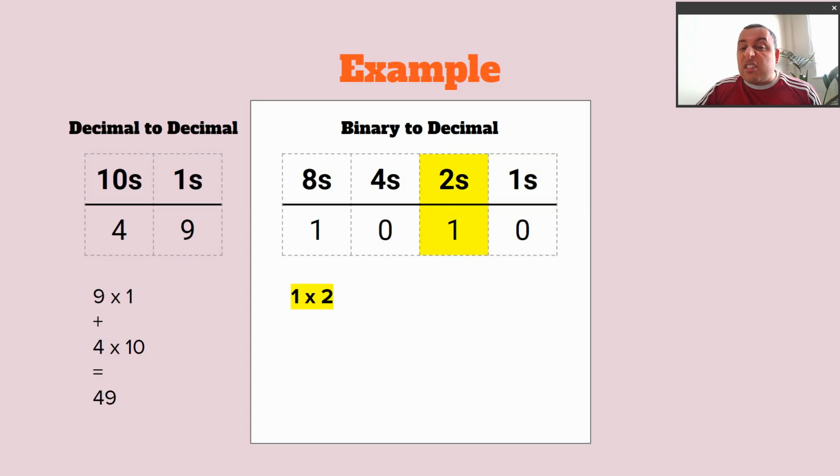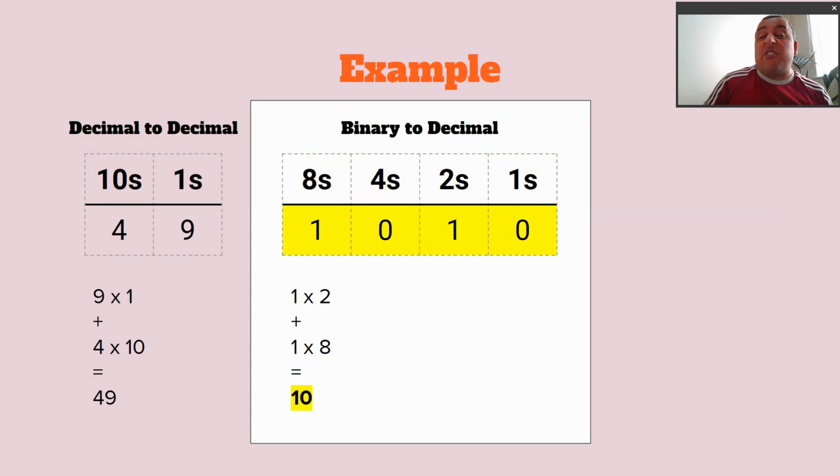So we've got 1 times 2, as it were. Fours column, nothing in there, so we don't count that. But in the eights column, we do have a 1, so we count that. So we all know that that sum there is going to equal 10. So the binary number 1010 is actually equal to the decimal number 10.